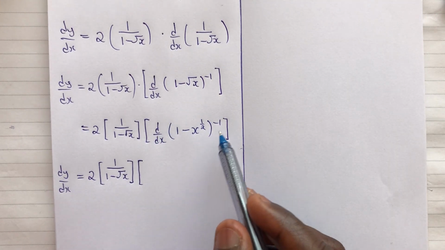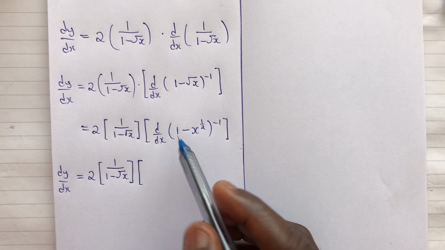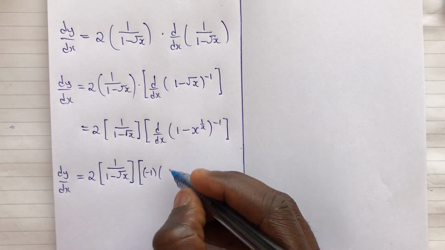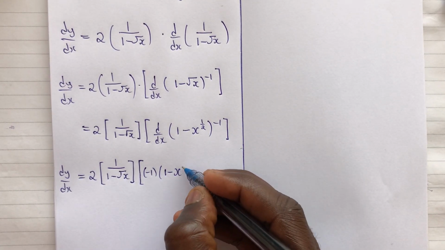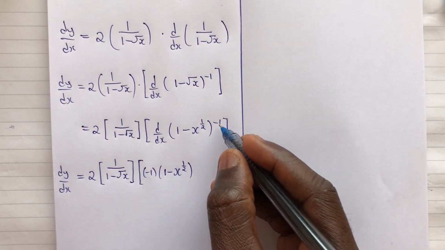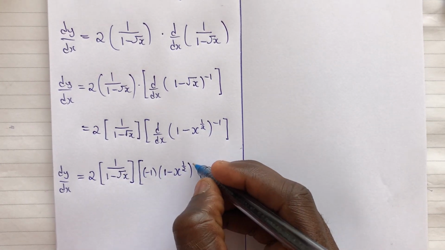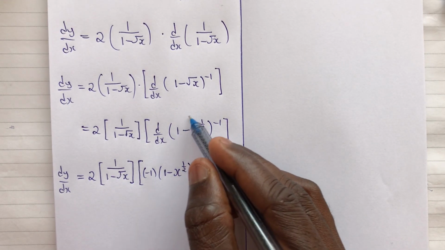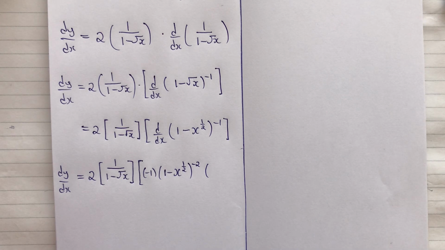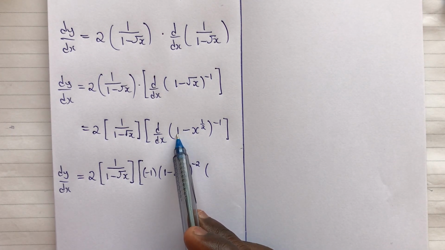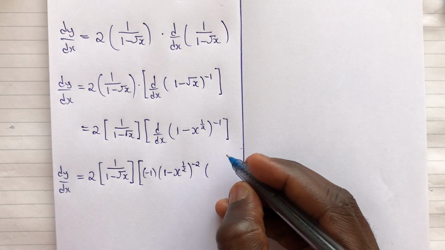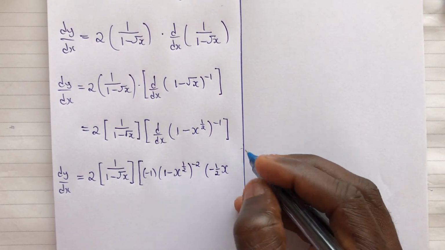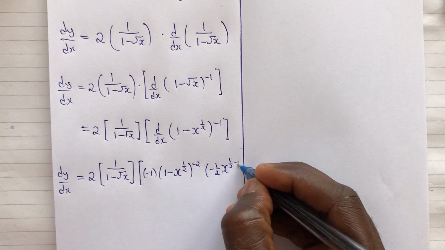To differentiate this, we use this negative 1 to multiply the function. So we have minus 1 times the same bracket, 1 minus x to the 1 over 2. Reduce the power by 1, 1 minus 1, we have negative 2. Multiply this by the derivative of the bracket. Now watch. If you differentiate the constant, you get 0. If you differentiate this, you are getting negative 1 over 2 x to the power 1 over 2 minus 1.